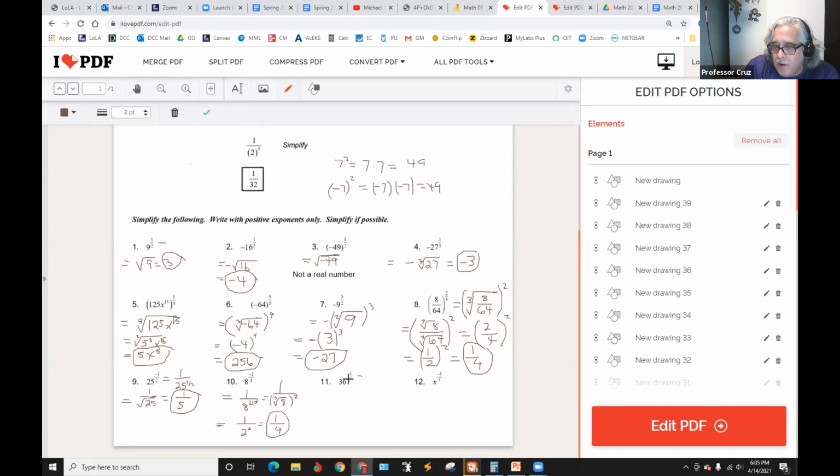All right, so we got to take the reciprocal. We got another reciprocal because we got another negative one.